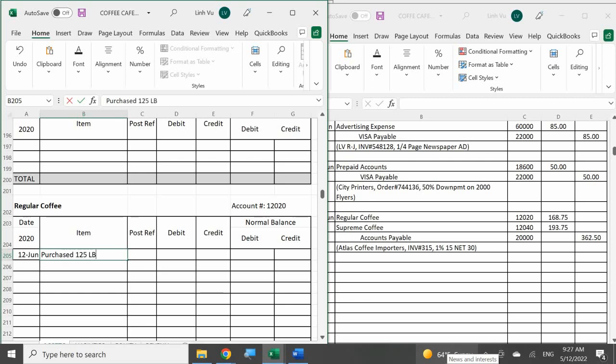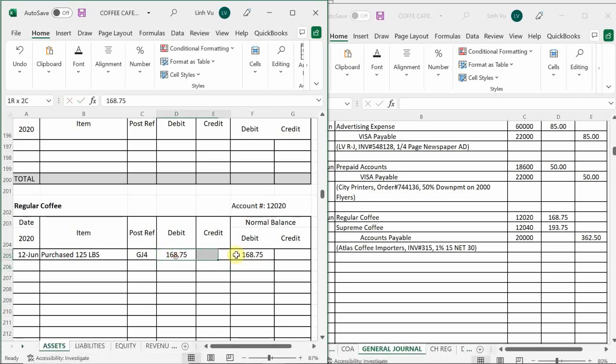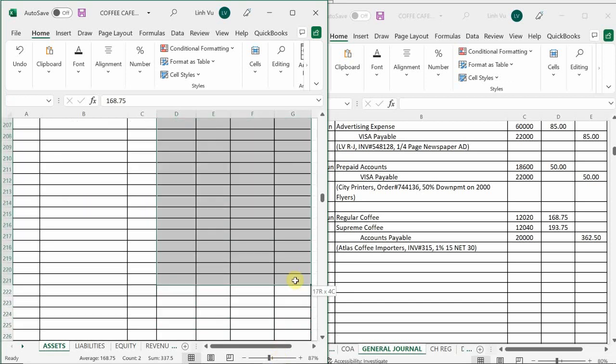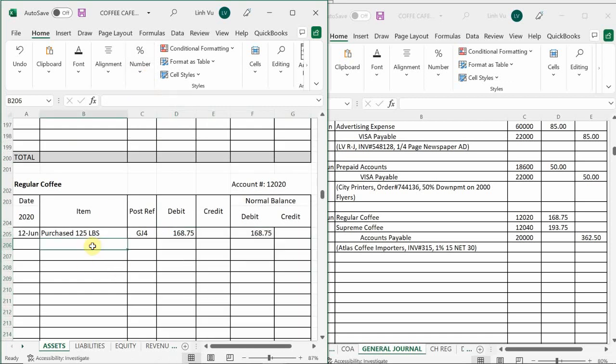125 pounds of coffee. Okay. General Journal page 4. And how much did I increase my account by? 168.75. Okay, which will give you a debit balance of 168.75. Right?